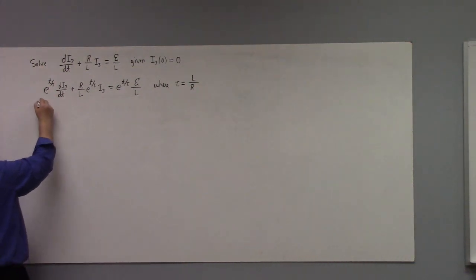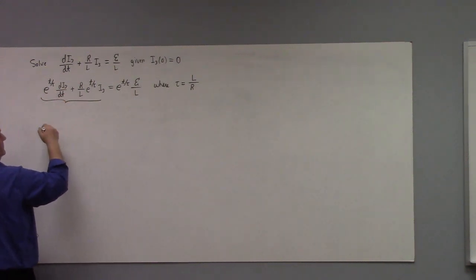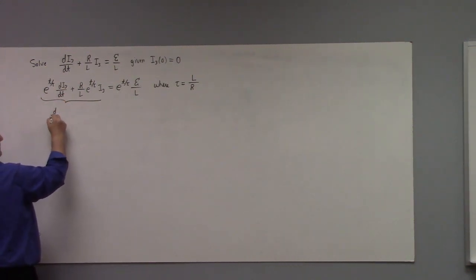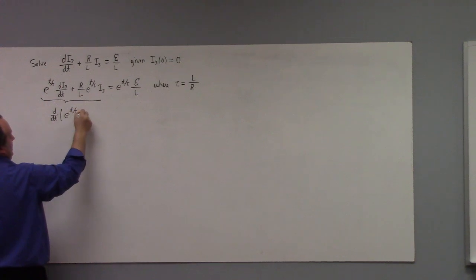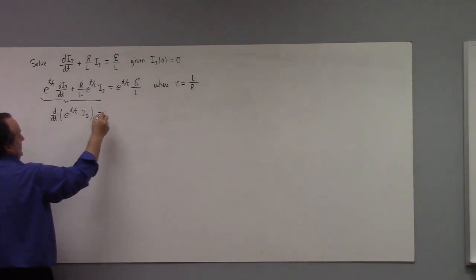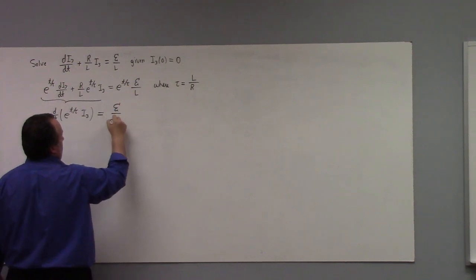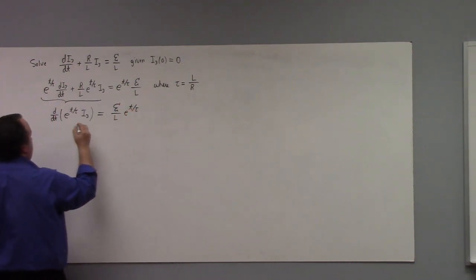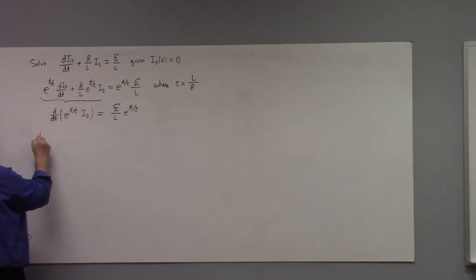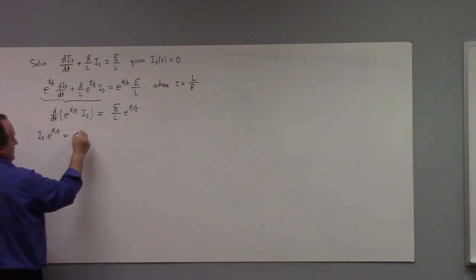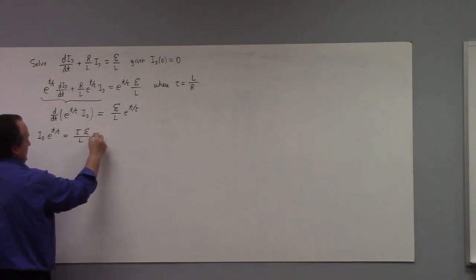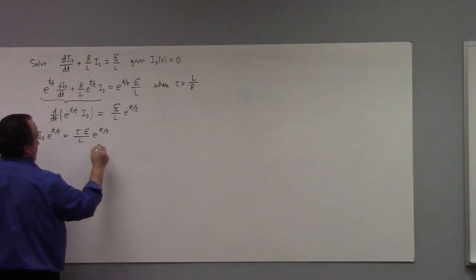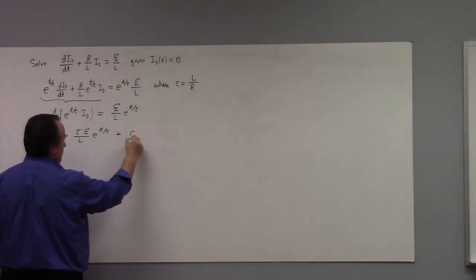So with that integrating factor multiplying, we have d/dt of e to the t over tau times I3 equals E over L e to the t over tau. Integrate both sides, and we get I3 times e to the t over tau equals tau times E over L times e to the t over tau plus a constant.